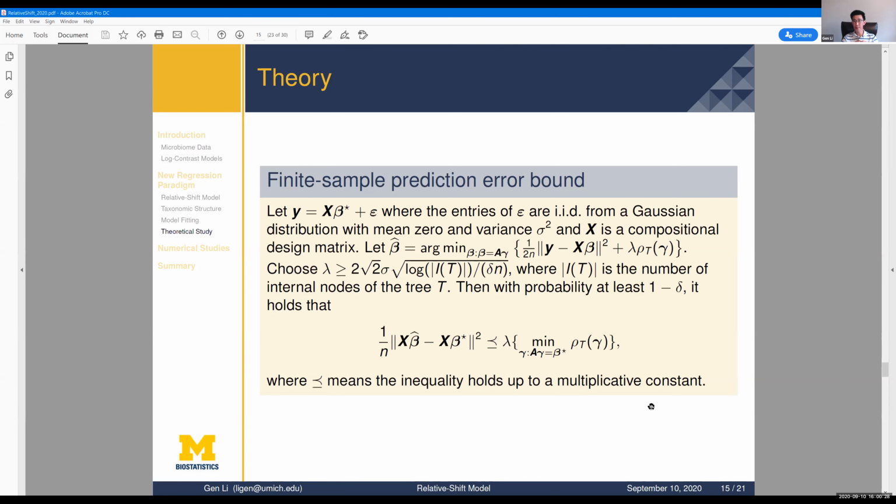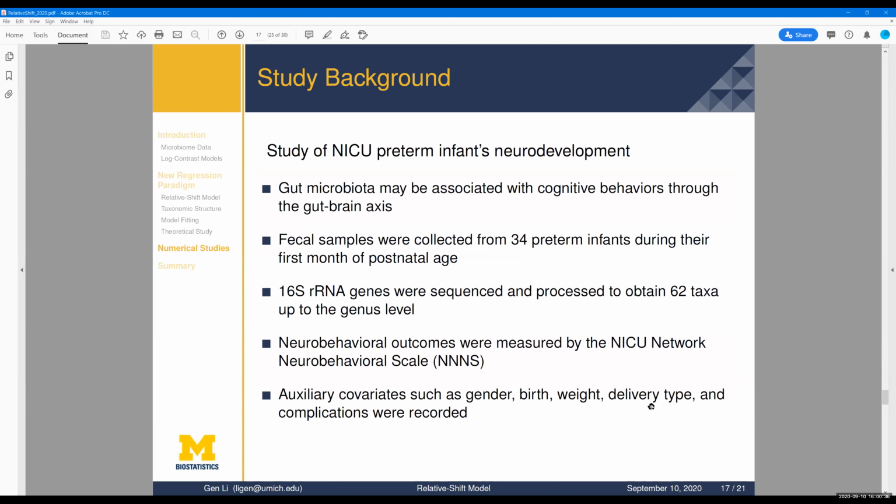Another related quick question: in your data application, what is the number of covariates or number of groups? We have 62 taxa in this example, and 7 to 8 covariates on 34 samples.